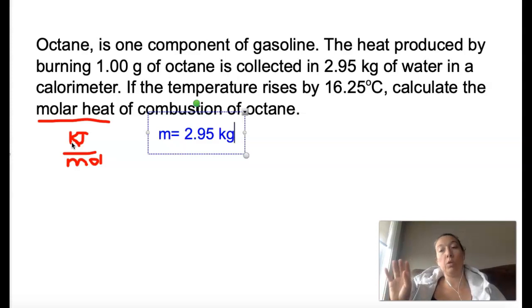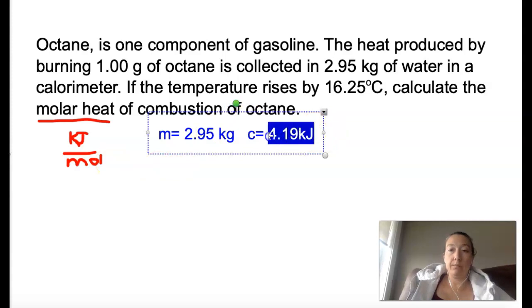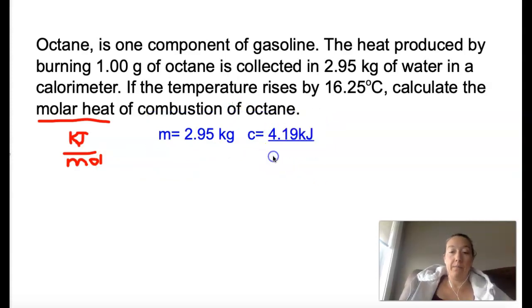If we are looking for joules, then we could use grams. So there's our mass. Our specific heat is going to be 4.19 kilojoules per kilogram degree C. Again, we talked about this before, same C value, but we've changed those units.